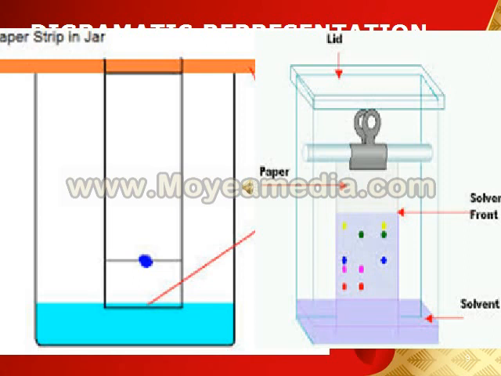After the time is over, we take out the paper which is initially wet and we are not able to see anything on it. But it is hanged and then dried.